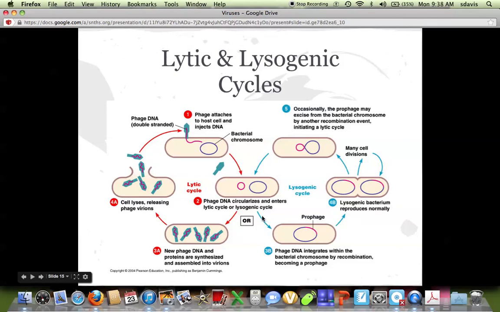And eventually, before going into the lytic cycle, the viral nucleic acid can separate from the host cell nucleic acid, and then you start that replication of the components, assembly, and then cell lysis.